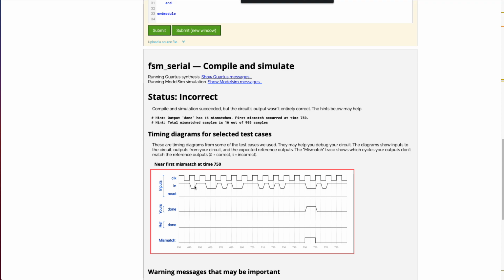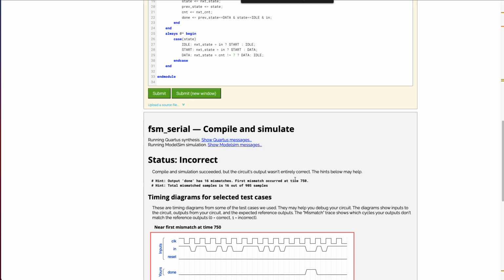So 1, no, 1 0, and then 1 2 3 4 5 6 7 8 data. And I don't get how this is happening at all.